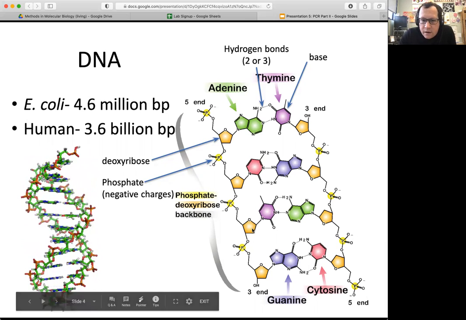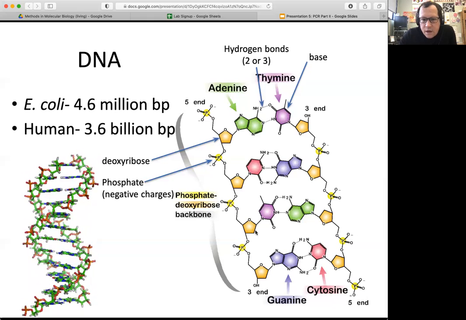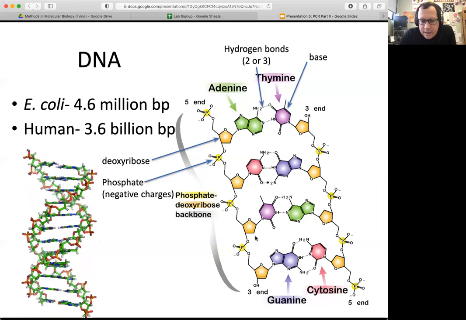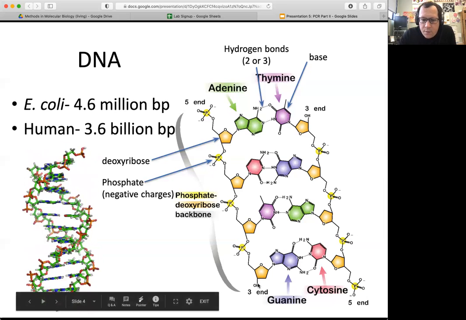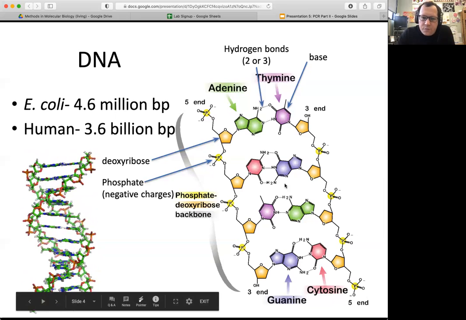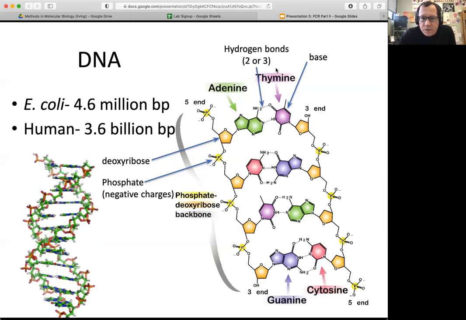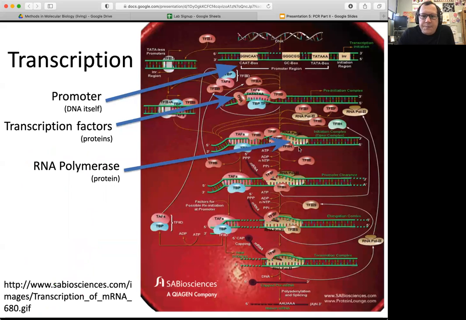Here at our 2' carbon in RNA, there's a hydroxyl group, an OH group sticking on this 2' carbon. In DNA, there is none. We only have the 3' OH group. Also, instead of the base thymine, we have the base uracil in RNA.